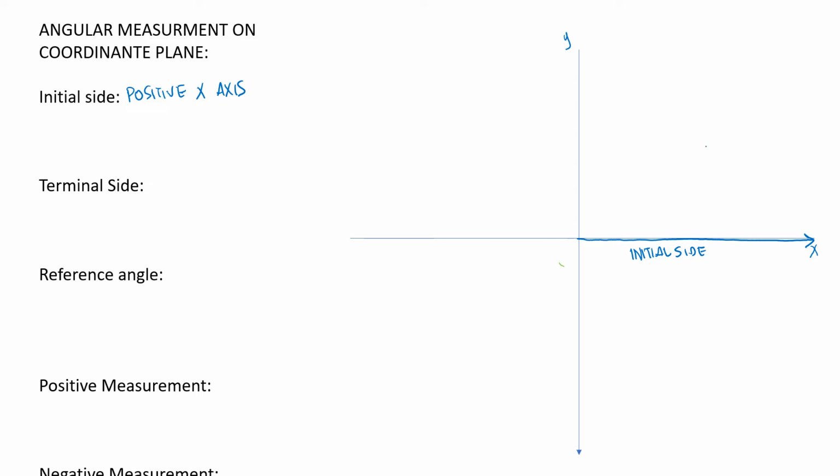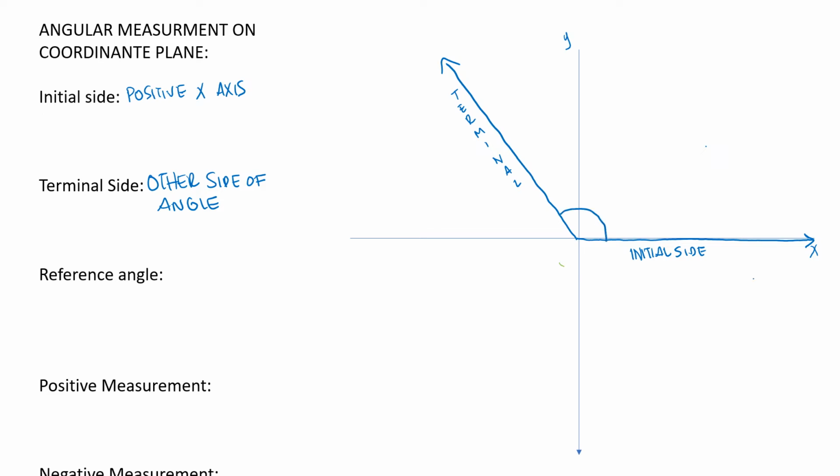So maybe I'll go right here. And this would be my terminal side. Think about terminal as ending. So terminal side is the other side of the angle. So the angle that I've drawn right here, the measurement would be this thing right here.